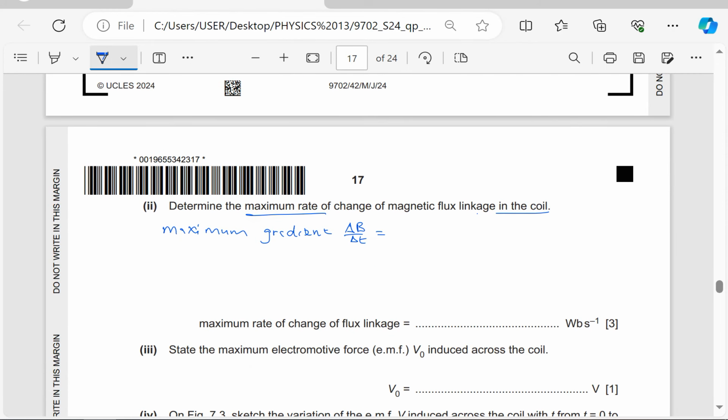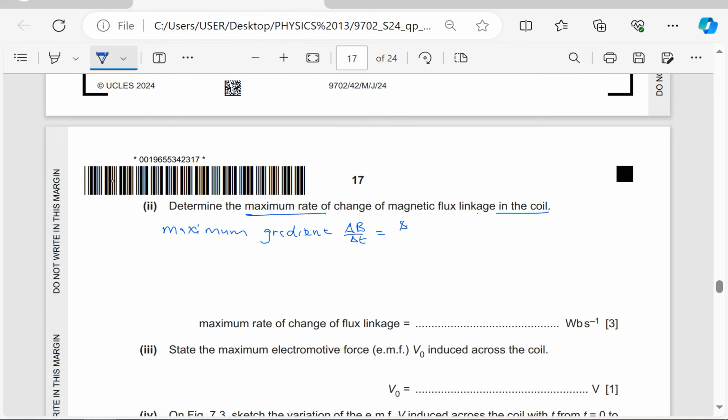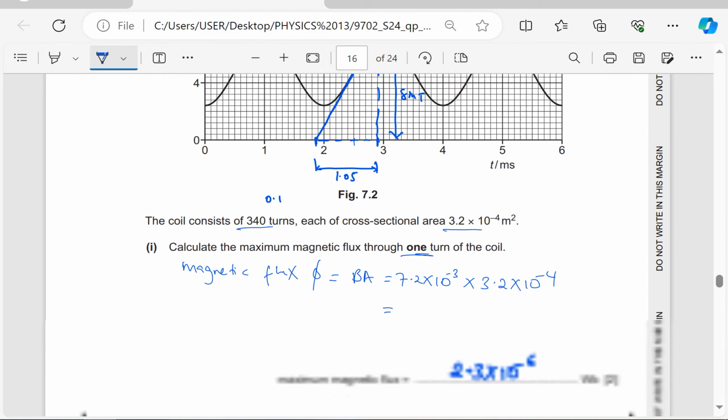So my gradient is going to be 8.0 minus 0 divided by 1.05, or divided by 2.9 minus 1.85.